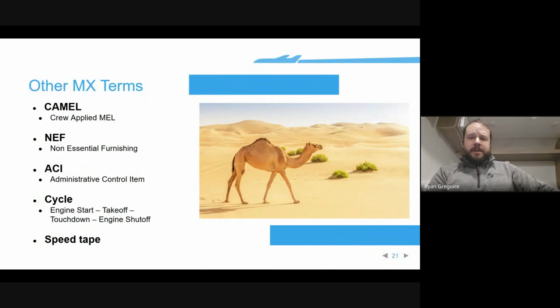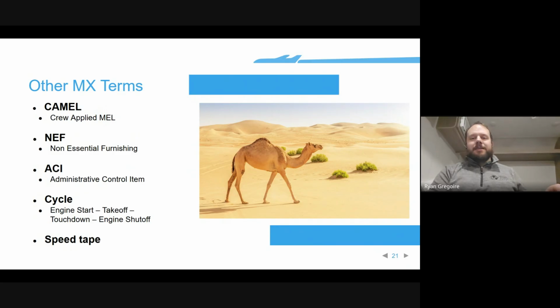One thing you'll probably see in this lovely world of computers that we deal with is often enough for it not to be uncommon. I would say either an MEL will have been applied to an aircraft and it not show up on the dispatch release, or an MEL will show up on the dispatch release that has been cleared from the aircraft and is no longer applicable.